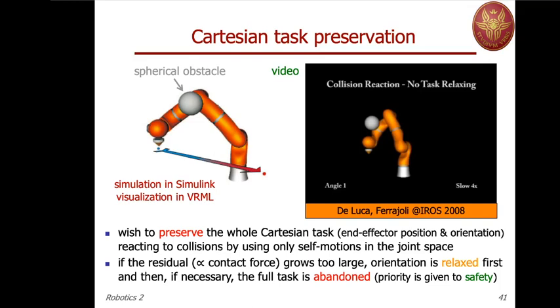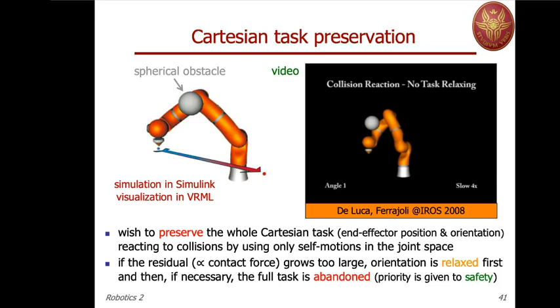If the spherical obstacle is getting closer to the elbow, then you may hit it and try not to relax the task, so preserving both the linear path and the constant orientation, which is pointing downward, but then accommodating the force coming from the collision, namely with a reflex strategy projected in the dynamical null space that we have seen, so that you try to avoid the continuation of this collision.